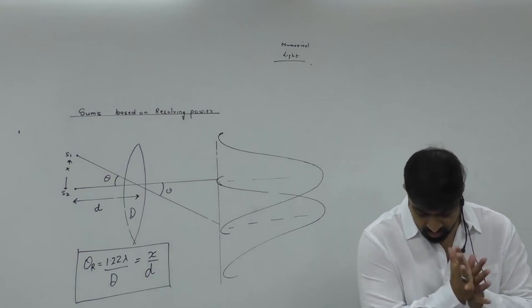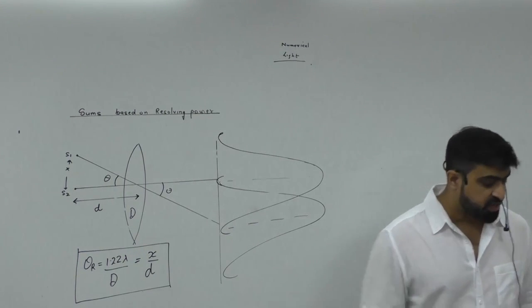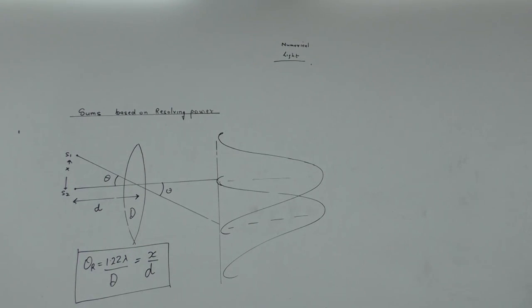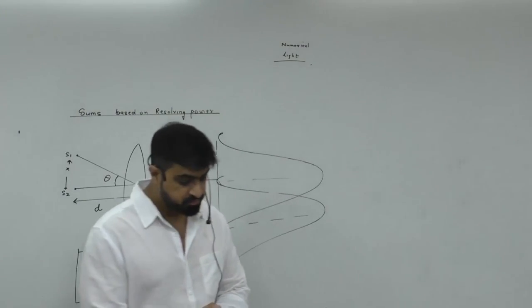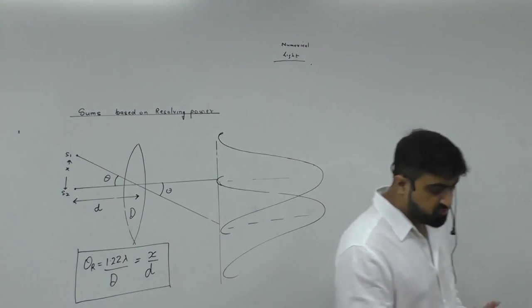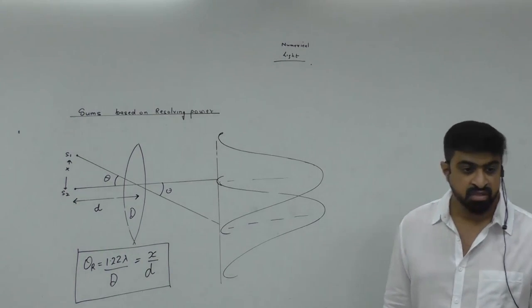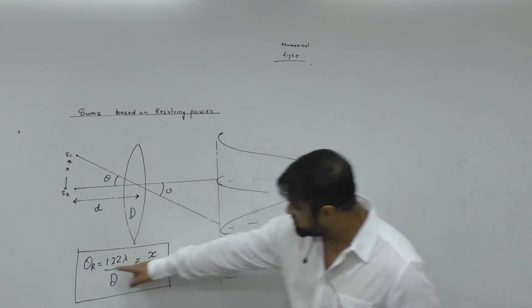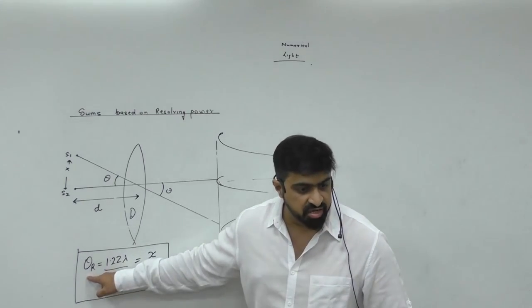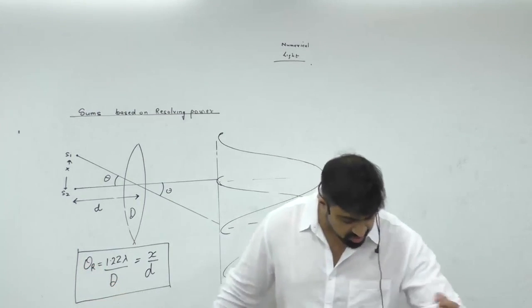लिखिए, the resolving limit of human eye is 1 minute. 1 minute मतलब 1/60th of a degree. मगर ये तो नहीं चलेगा, ये डिग्री में थोड़ी चलता है, ये किसमें चलता है? रेडियन में. तो क्या करना पड़ेगा? 1/60 इंटू पाई बाय 180. आगे बढ़ते हैं.